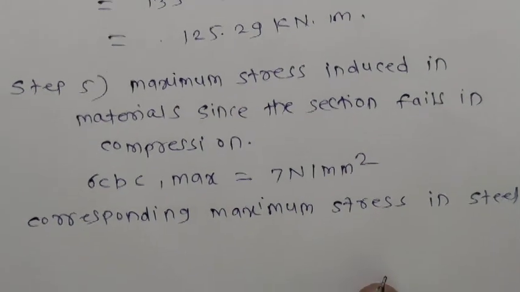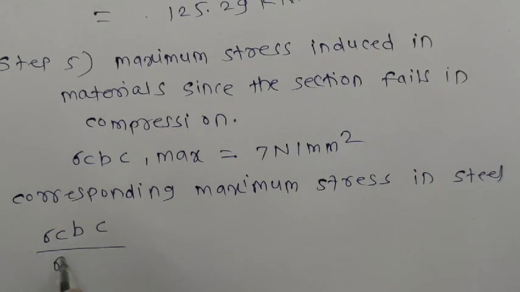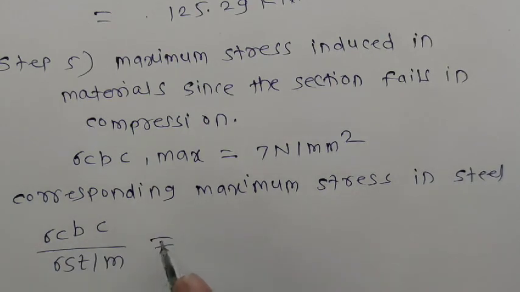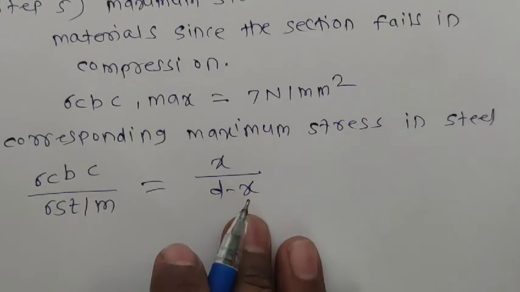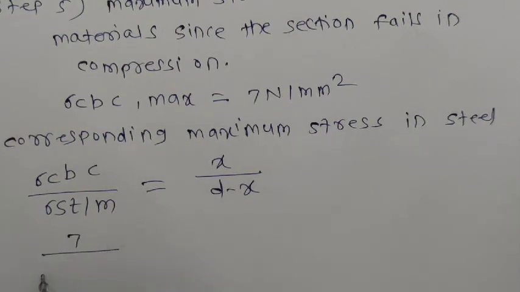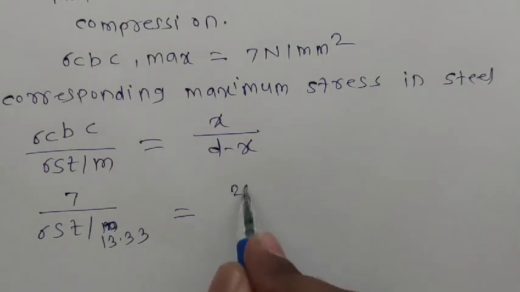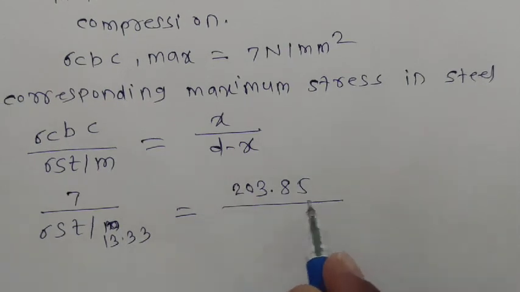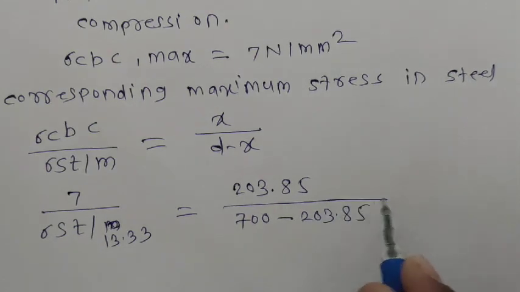sigma CBC divided by sigma ST upon m is equal to x upon d minus x. Sigma CBC is 7 divided by sigma ST divided by m, m is 13.33, is equal to 203.85 divided by 700 minus 203.85.